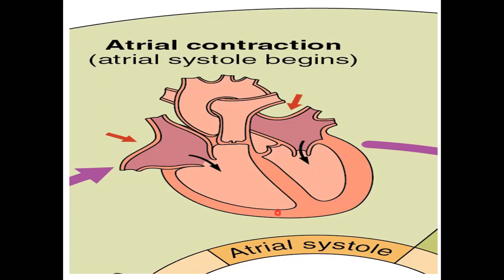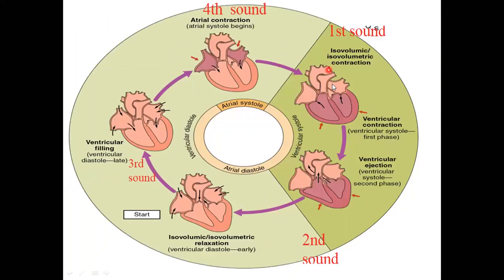So in this way we studied the entire cardiac cycle and the different events in it. We learned all these events of the cardiac cycle. Now let us see where these different sounds are produced during the cardiac cycle. As we know, we started this cycle from isovolumetric contraction.